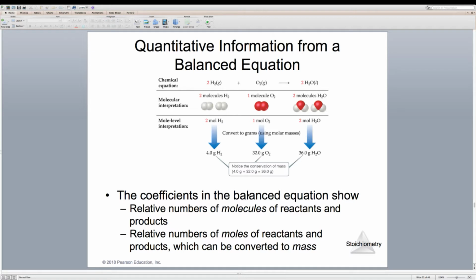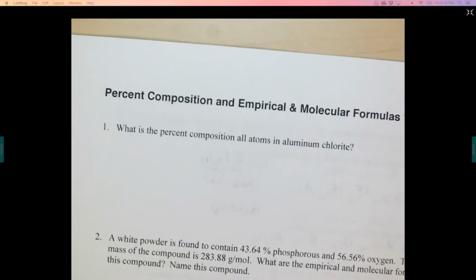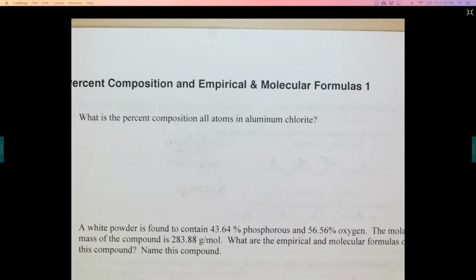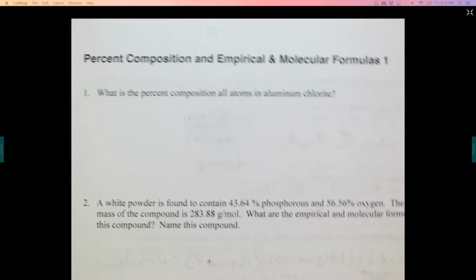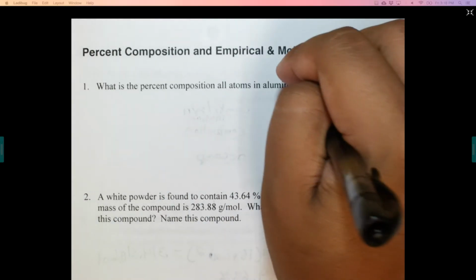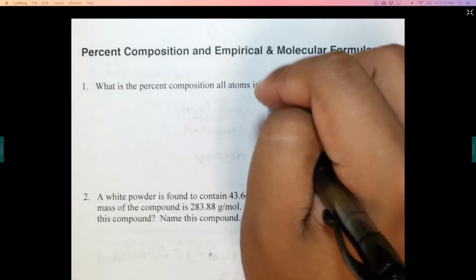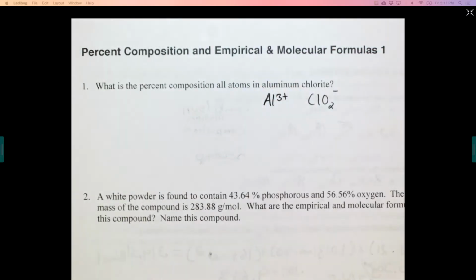Okay, so really quickly, let's take a look at our in-class worksheet, and we'll go through a couple examples here as it pertains to percent composition. So aluminum chloride, you could have searched this, or you could have remembered that chlorate is going to be ClO2 -1, and aluminum is always Al3+, right?